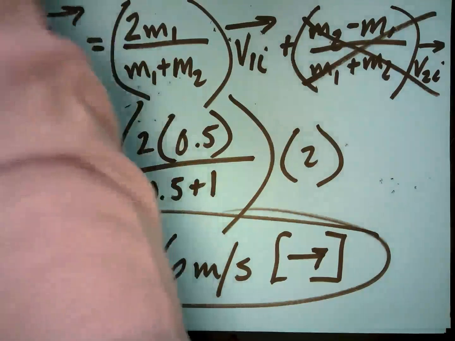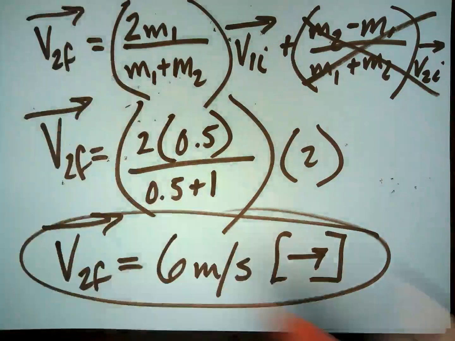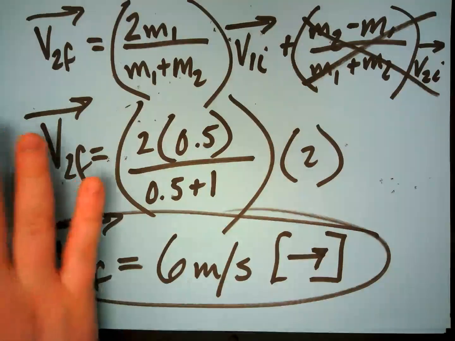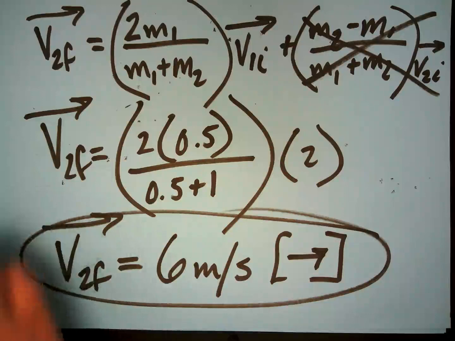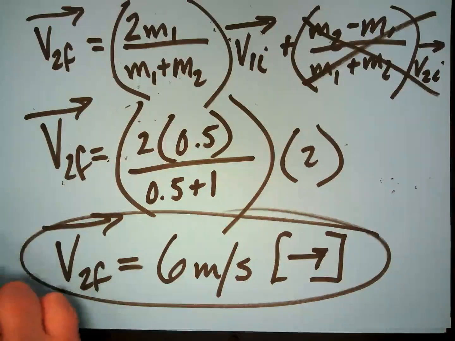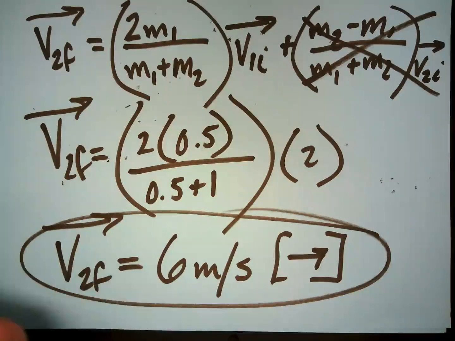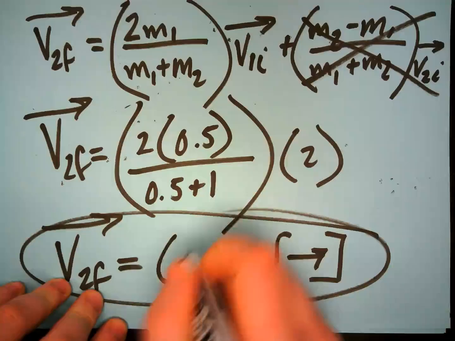Which, I'm thinking about that now. Did I do something wrong? I don't think that's right. Here, give me a second. Let me figure this out. Yeah, that isn't right. I popped in something wrong. Here, give me just a second. Yeah, there we go. I don't know why I got that.